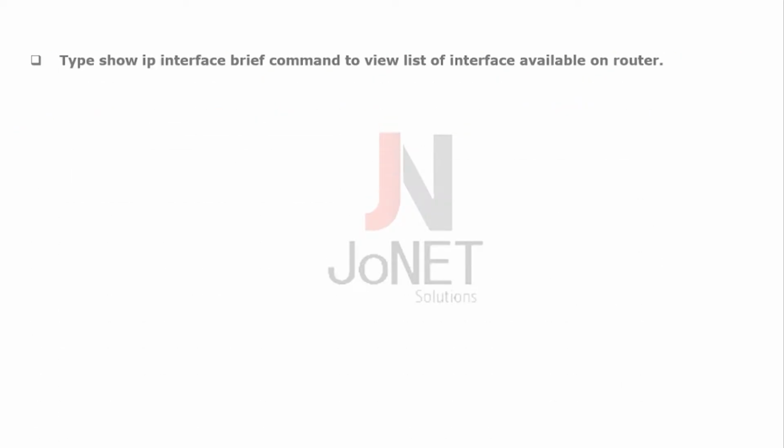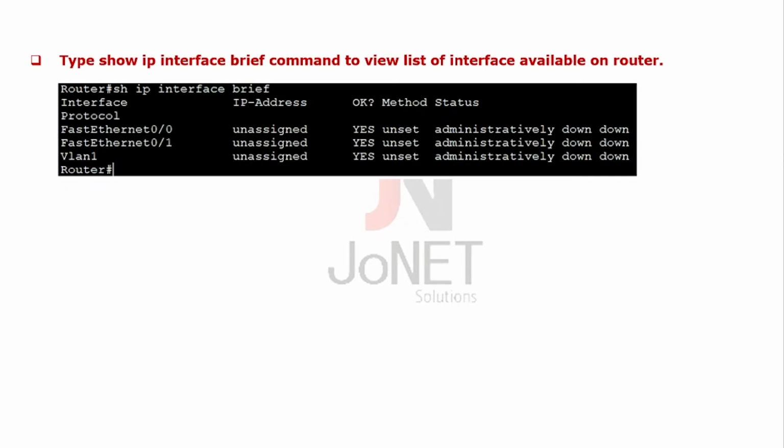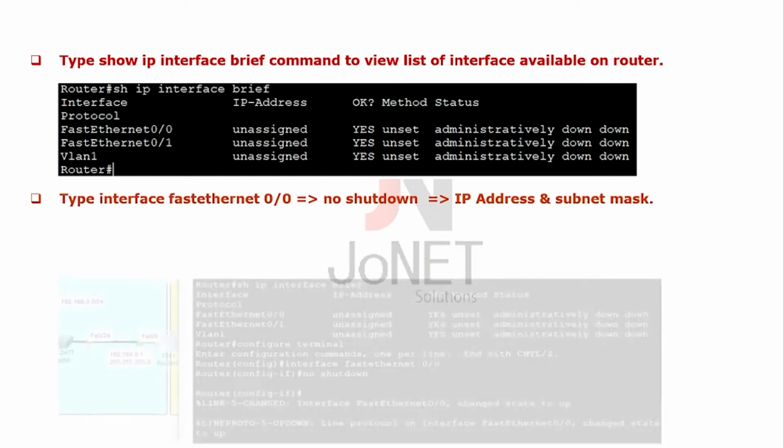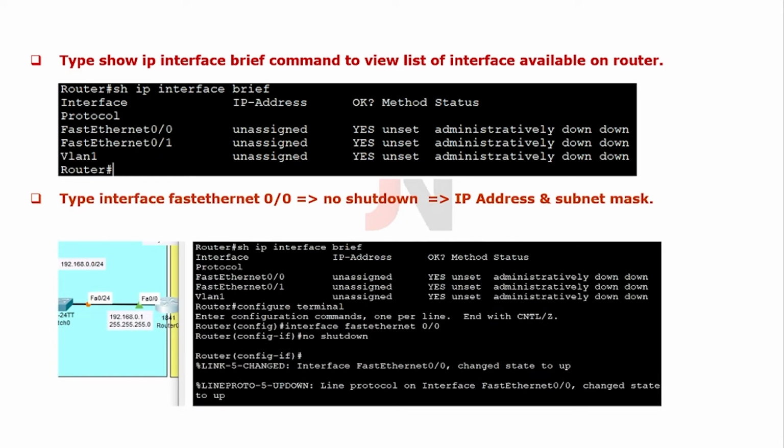Now type show IP interface brief command to view the list of interface available on the router. So type interface fast ethernet 0/0 and followed by no shutdown. Then we need to assign the IP address and the subnet mask. These are all the interface level command we need to execute in the router.